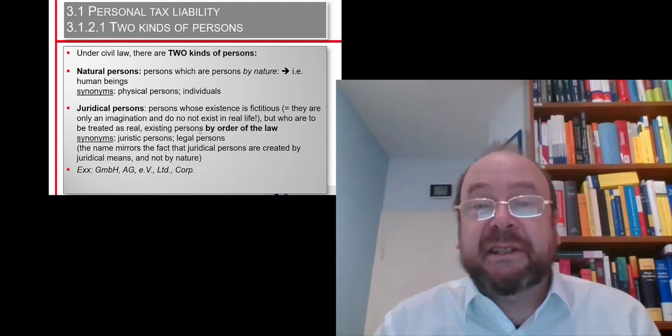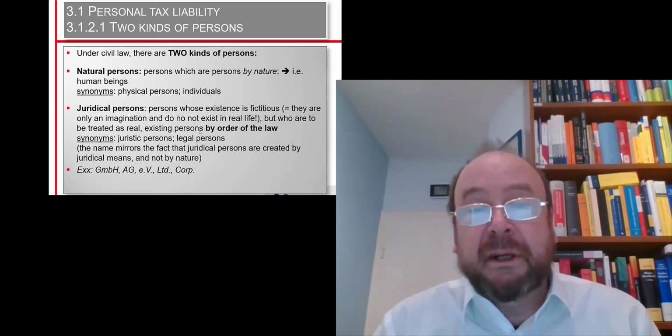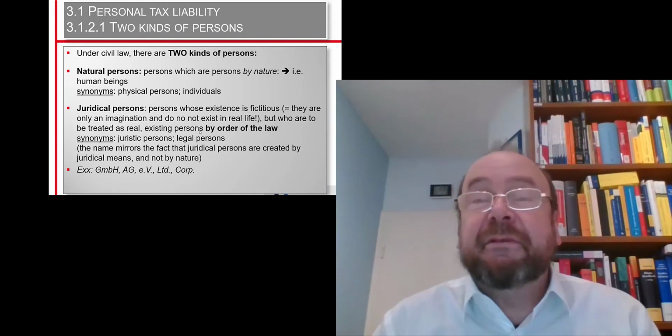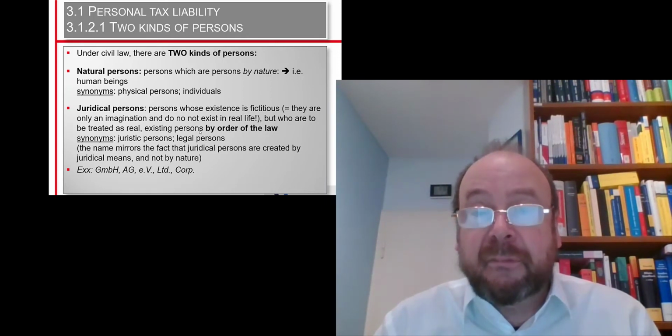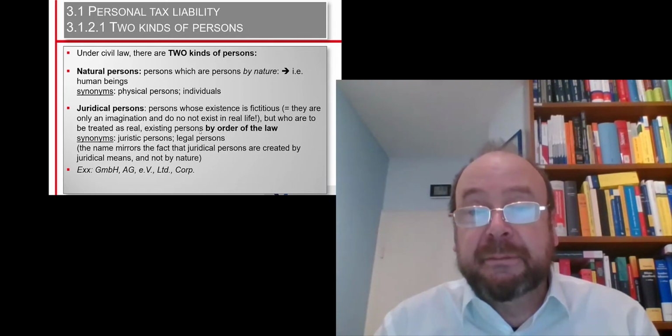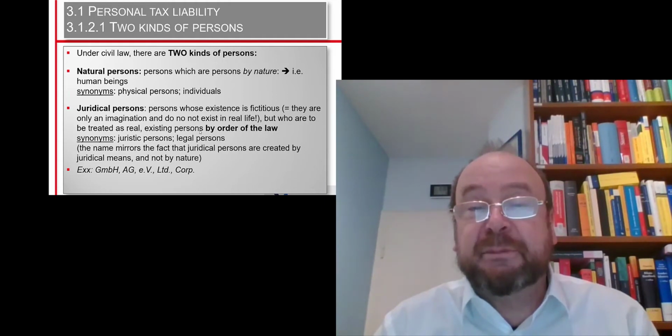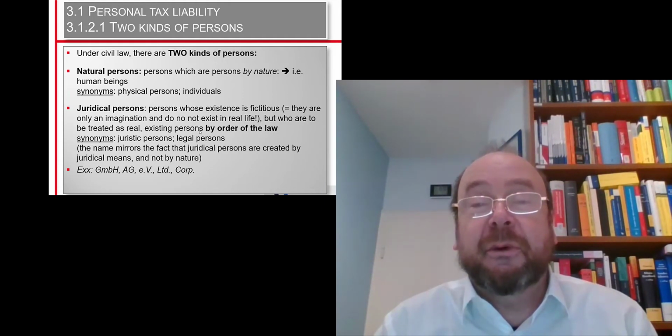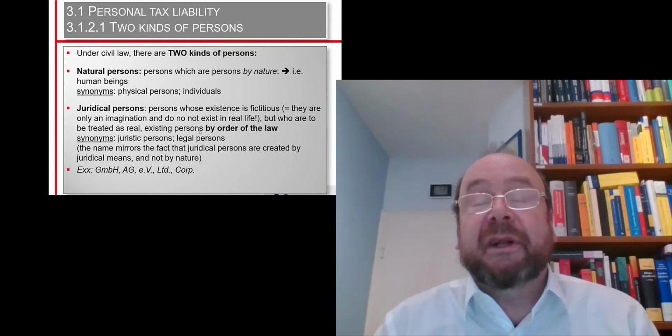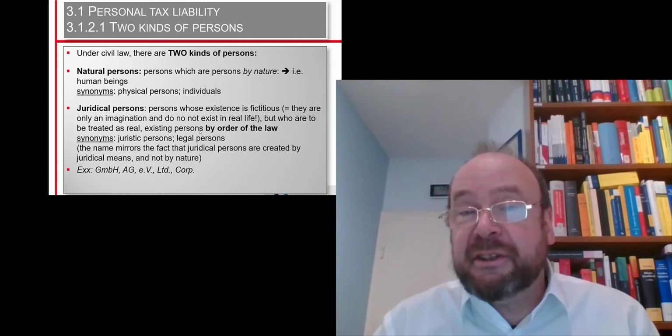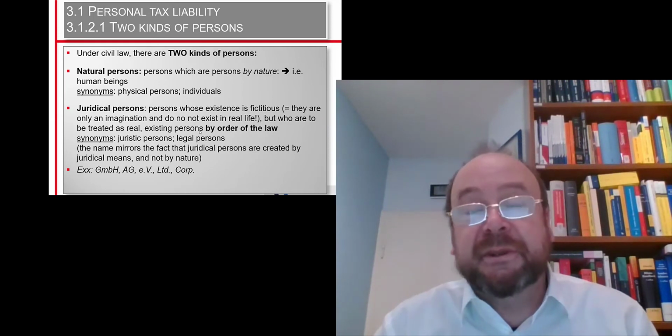So all the liabilities of Deutsche Bank AG are not liabilities of the shareholders. And as there is a basic principle, every person is responsible for his or her own debts. Only this fictitious person, Deutsche Bank AG, would be liable with its property for its debts.